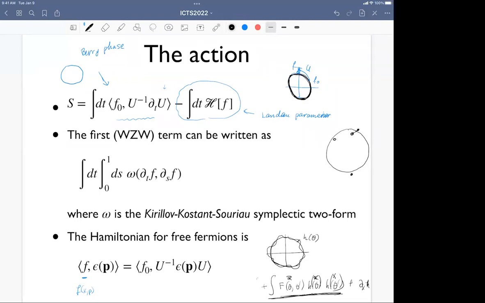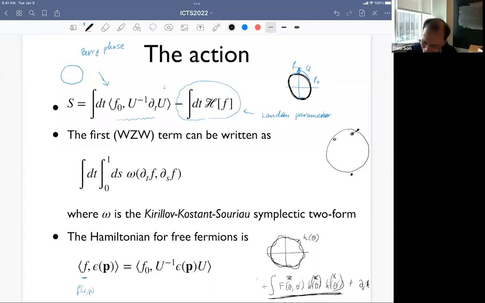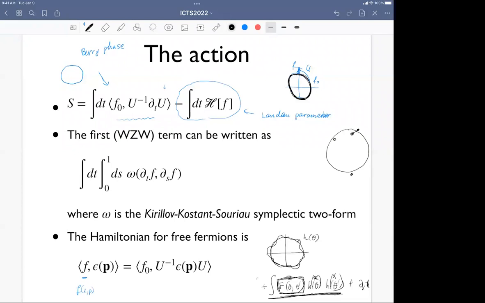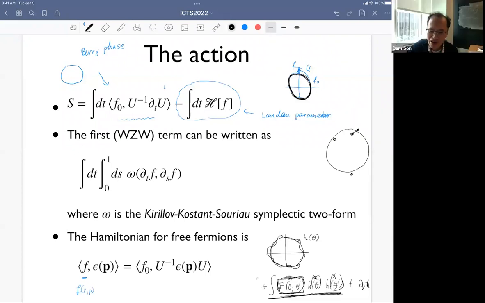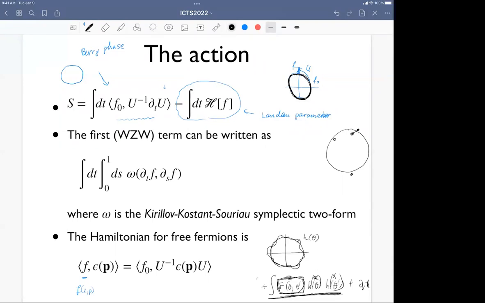And Landau F itself, capital F, cannot have any x dependence? Capital F doesn't have x dependence. That's put in by hand in some sense, or is it translational invariance? I see.